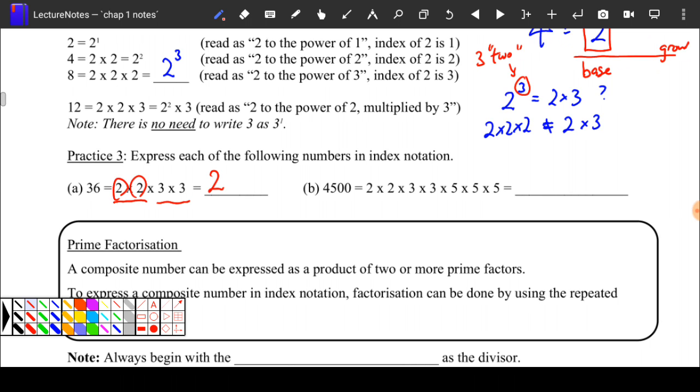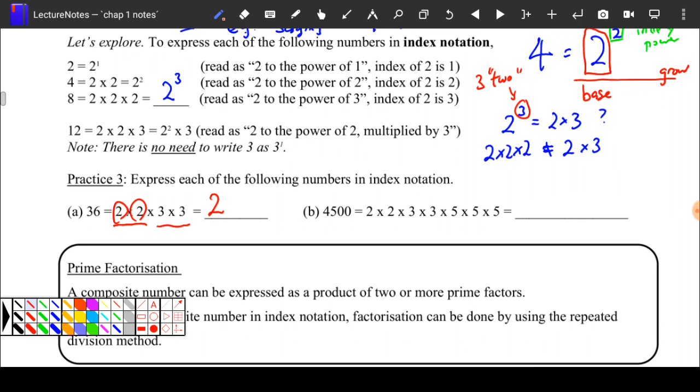How do I call that small number? Either you call it to the power of something, or index. We just use to the power of something. Okay? So can you try 2 to the power of 2? Very good. Then multiply by 3 to the power of 2.